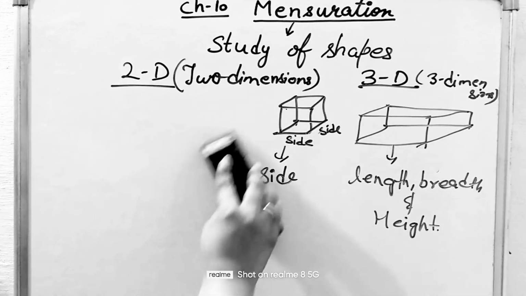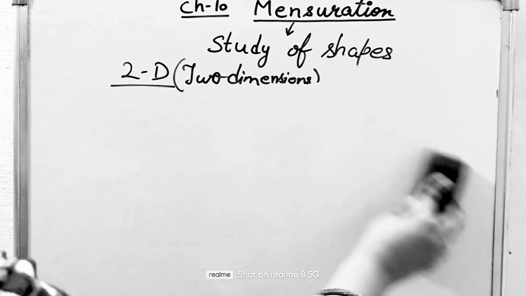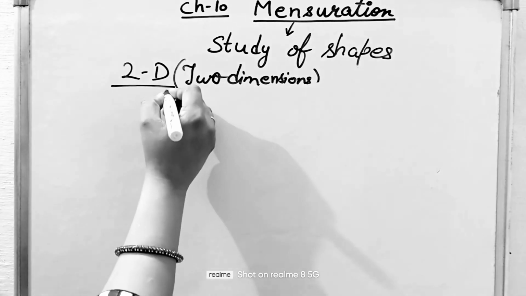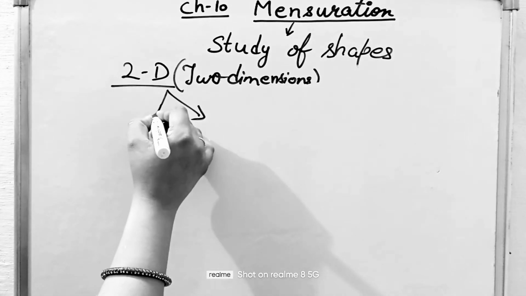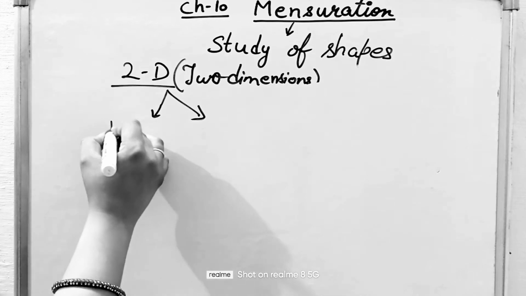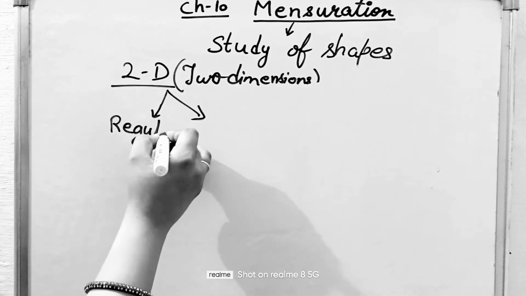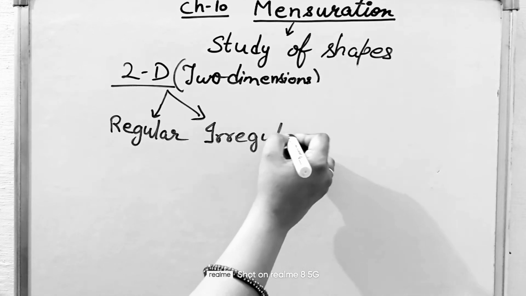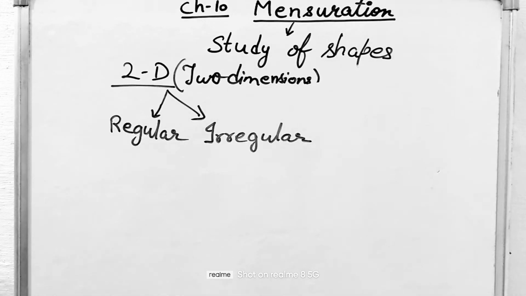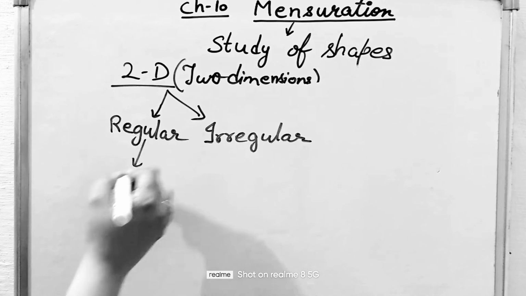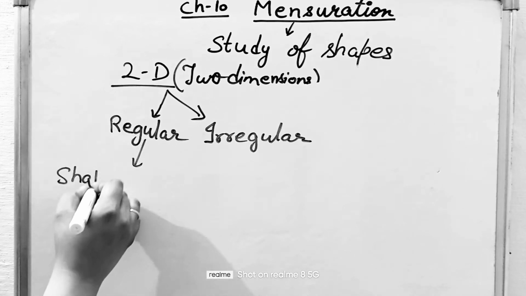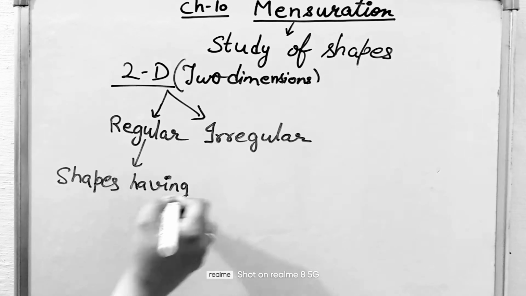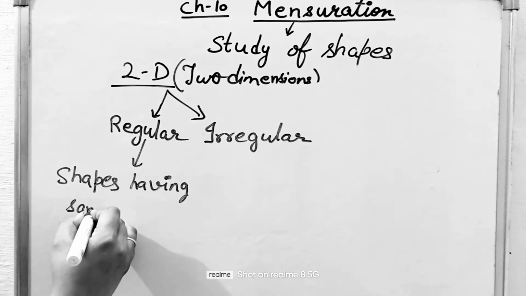Now among those 2D shapes, there are 2 kinds of shapes: regular and irregular shapes. Now what are regular shapes? The shapes having same length of dimension.